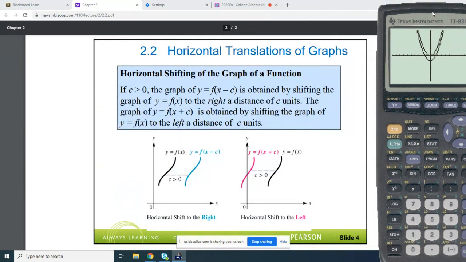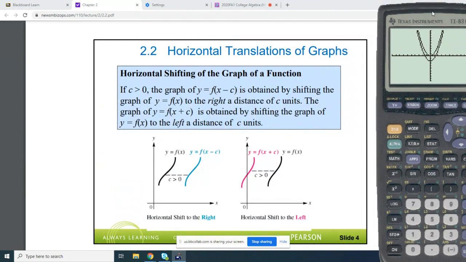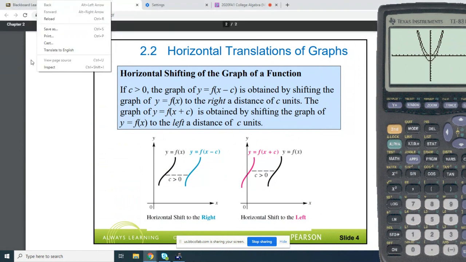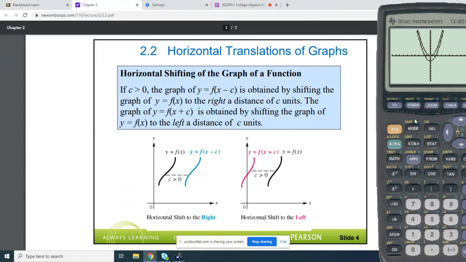If you subtract the constant from the end, that's a shift down. All right, now let's look at horizontal shifts, and these are the left and right shifts. And this is where things get a little bit sticky, because what physically happens doesn't match what we actually write out. And here's what I mean by that. When you shift to the right, if you're following an x and a y axis, to the right would be a positive movement.